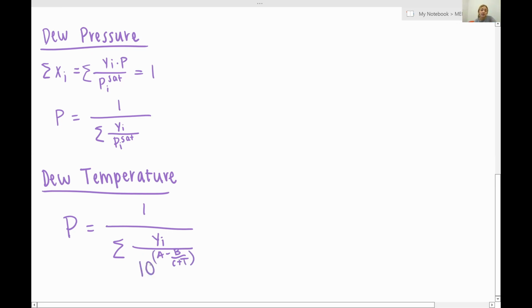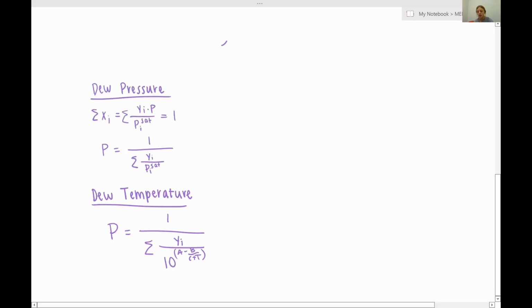And again, that's a very complicated algebraic expression to solve for T. If you wanted to write that out and solve for T, you could, but we're going to be doing it in Python because it's much simpler.